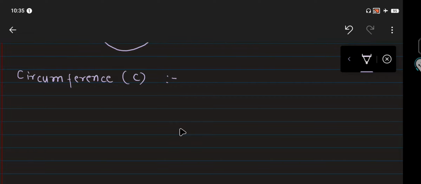Circumference is the length of the boundary of a circle.